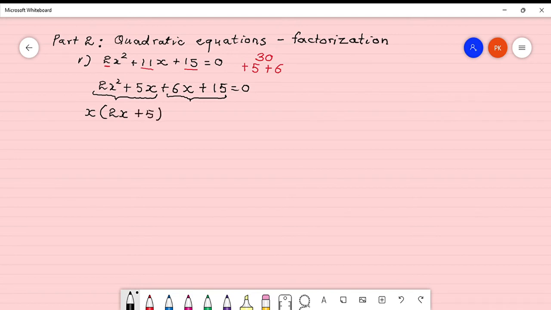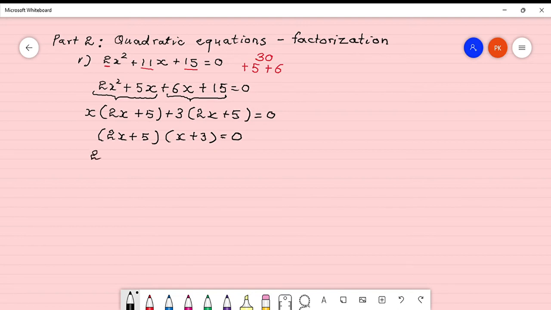In the last two terms, 6x and 15, what can come common? 3. So 3 2s are 6, 2x, and 3 5s are 15, so plus 5. And as you can see here, I have got a common factor, that is 2x plus 5. So one factor is 2x plus 5 and the other factor is x plus 3. To solve this, equate each factor to 0.